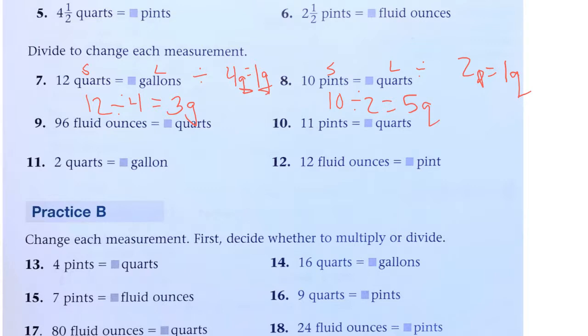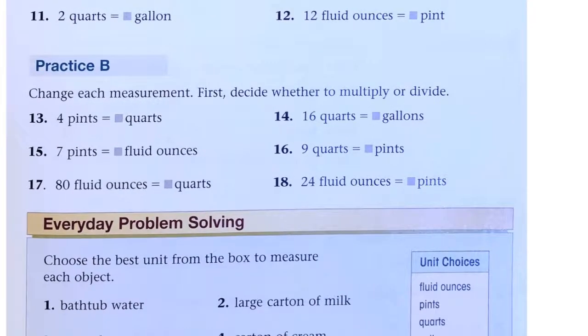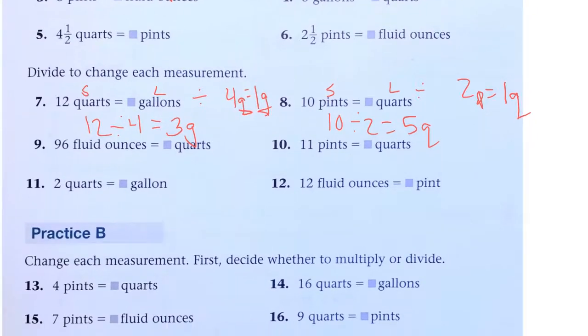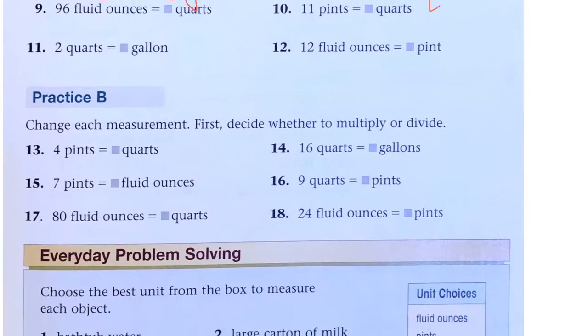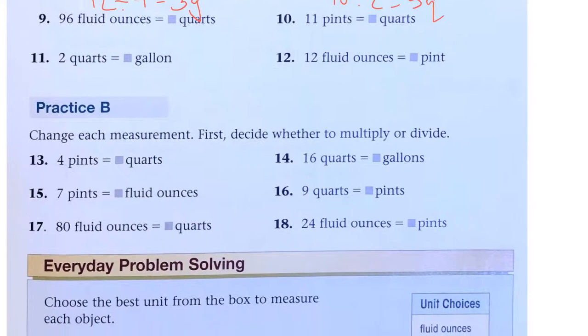Practice B, change each measurement. First decide whether to multiply or to divide. And then don't forget, if you're moving from smaller to larger units of measurement, divide. Smaller to larger, divide.